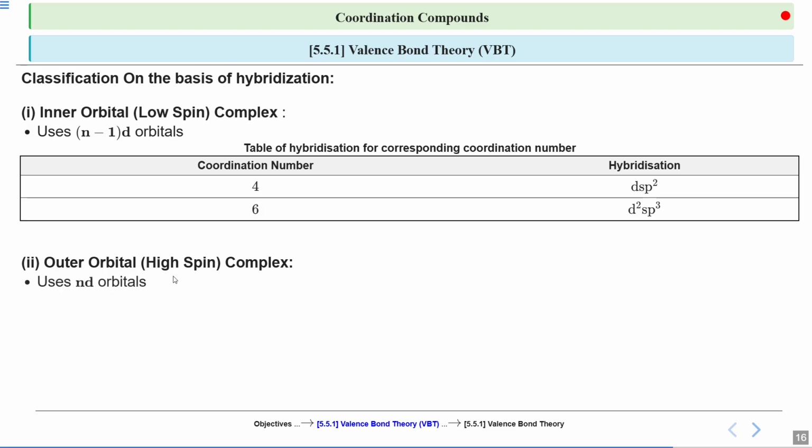They use nd orbitals. That means the electrons present in the n, or last, energy level of the d orbital are used in the formation of this outer orbital complex.